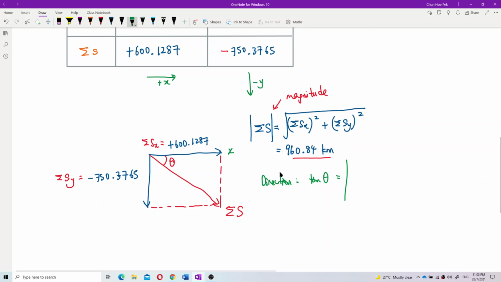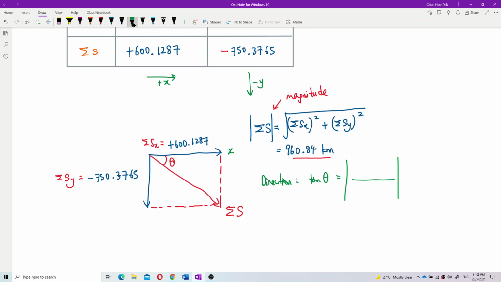I purposely used modulus because we want to remove all the negative signs. Like the y component has a negative sign, and the negative sign will disturb the calculation. We want to make it all positive.